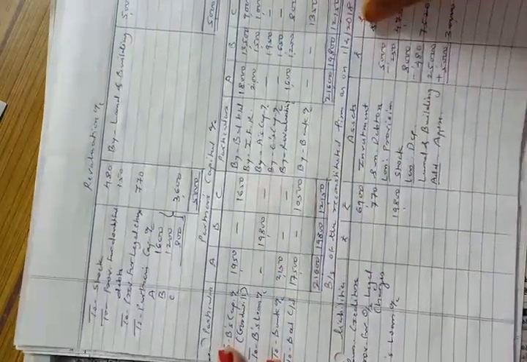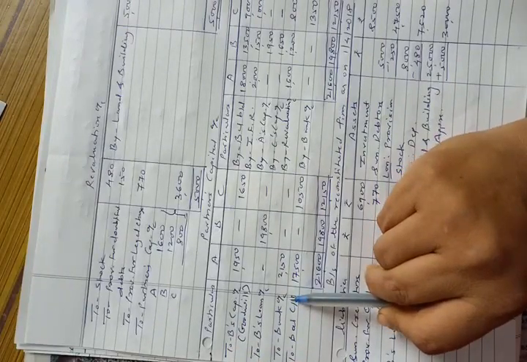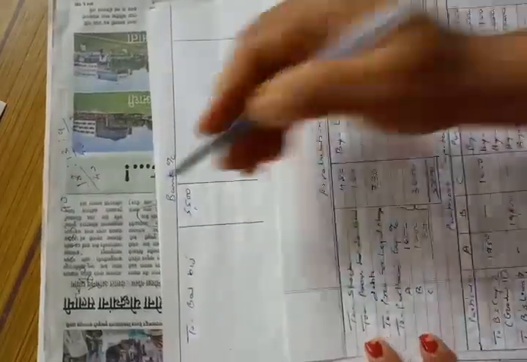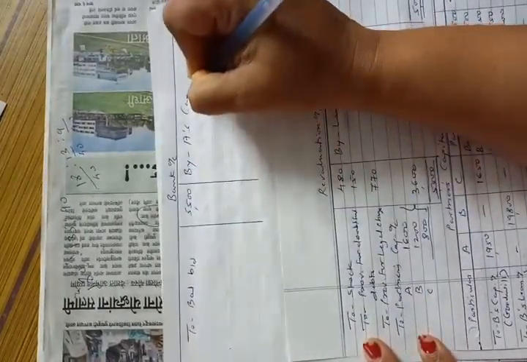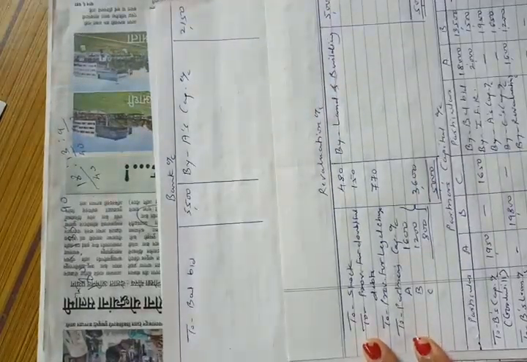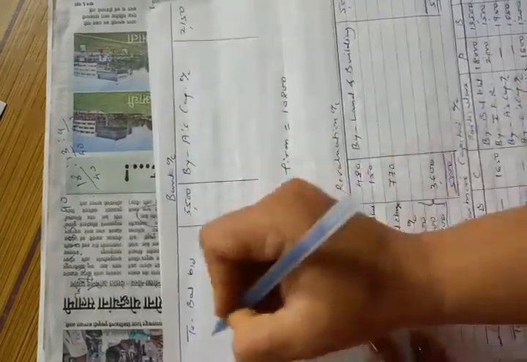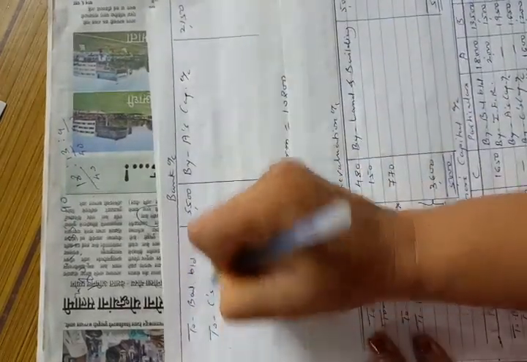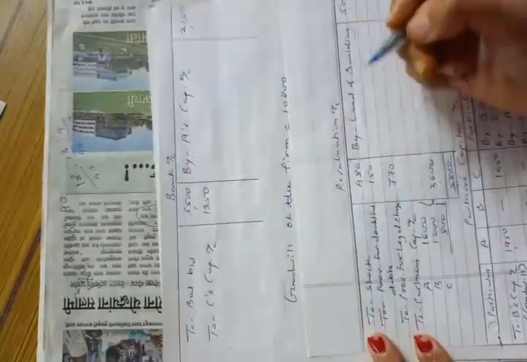And now we have to make second posting of this transaction. Debit side of partners' capital account to bank account means credit side of bank account, by A's capital account 2,150. Then second posting of this entry will be in debit side of bank account, so to C's capital account 1,350.